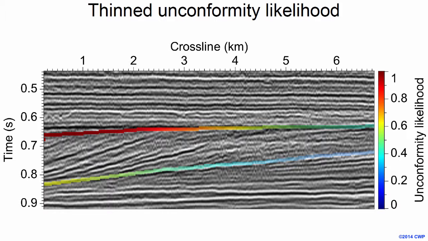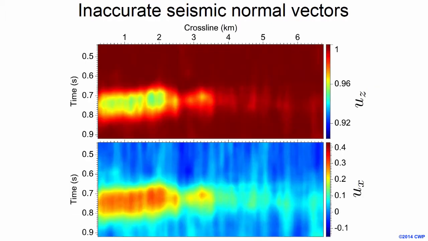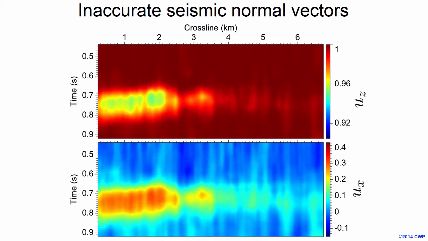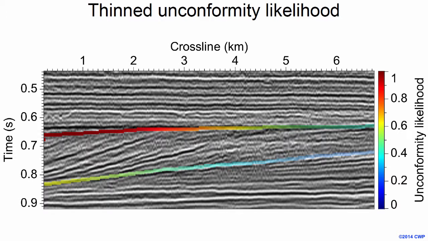So here in this example, we detect these unconformities not because of oil and gas. We actually have two different reasons for doing that. The first one is that, just as Anias discussed yesterday, for such a seismic image with unconformities, the conventional structure tensor method cannot accurately estimate the seismic normal vectors at the unconformities.